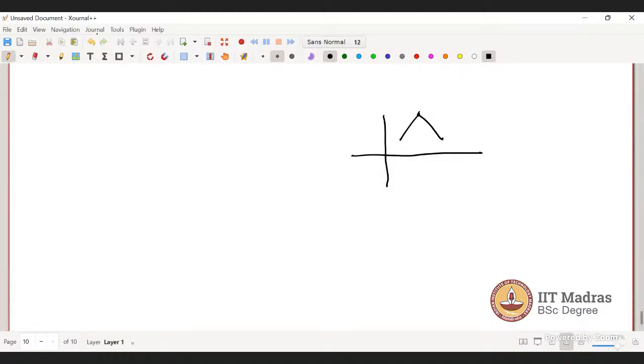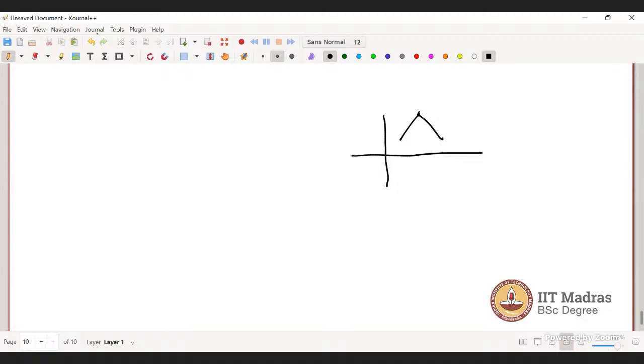It is a function, but it's not a polynomial function. A polynomial function is always smooth. You cannot have sharp edges in a polynomial.